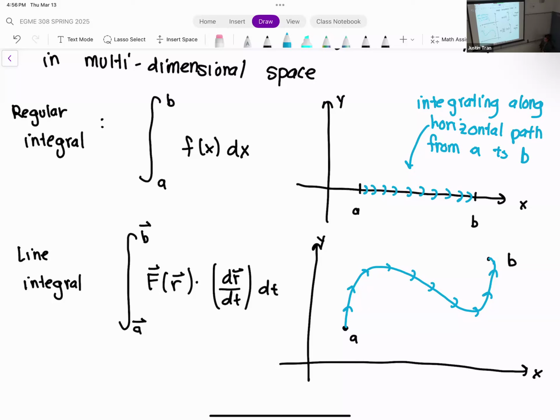And of course, our function f here will take different values as we go along that path.